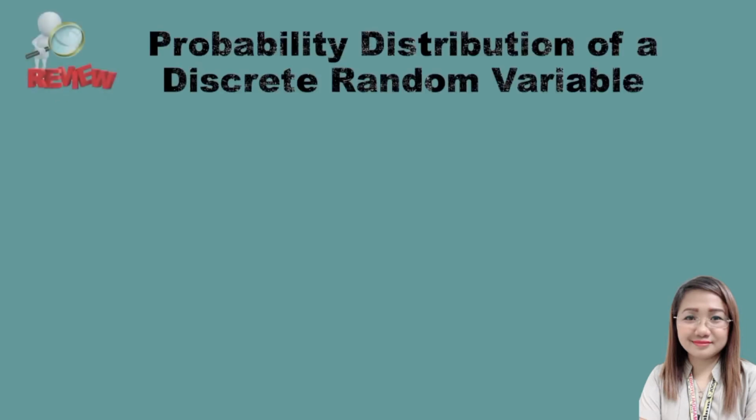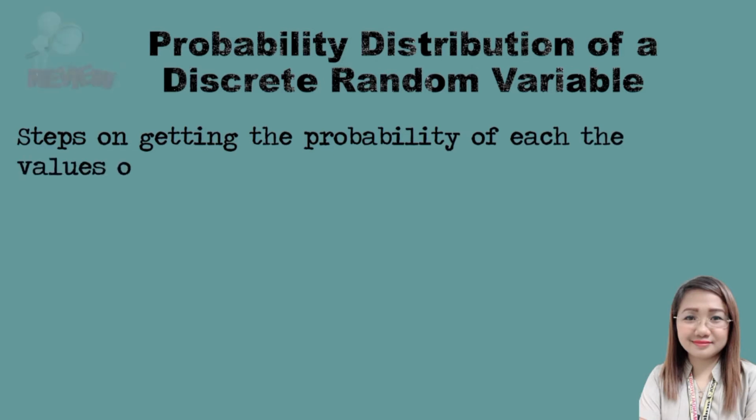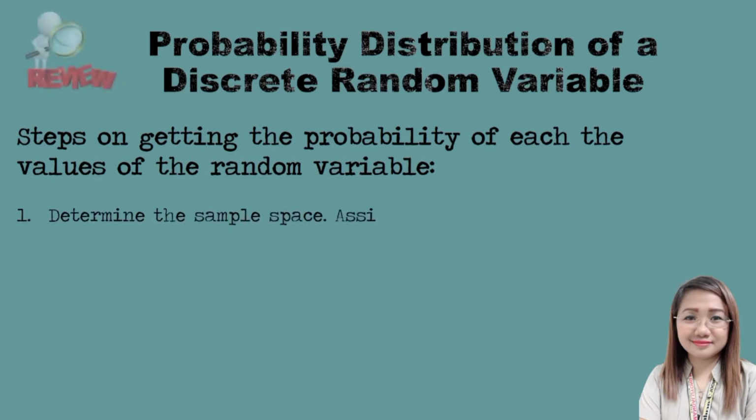From the previous video lesson, you have learned probability distribution of a discrete random variable. And here are the steps on getting the probability of each of the values of the random variable. Number 1. Determine the sample space. Assign letters that will represent each outcome. Example, tossing 2 coins.